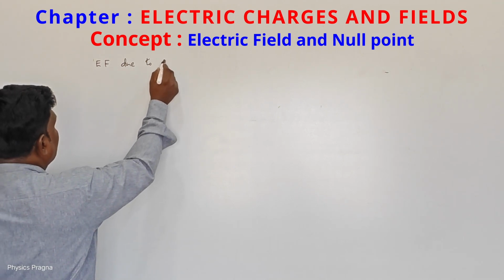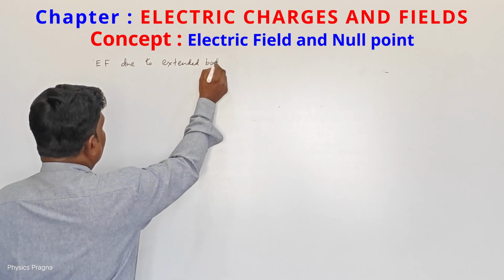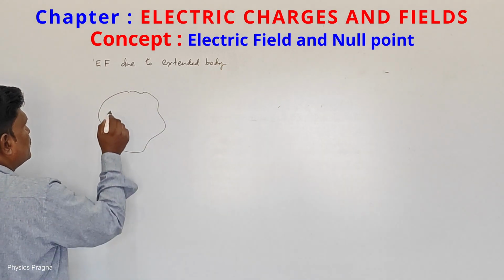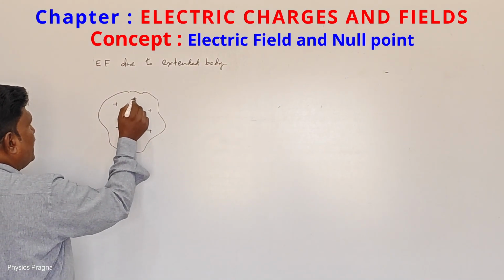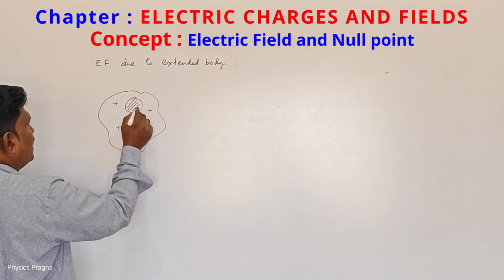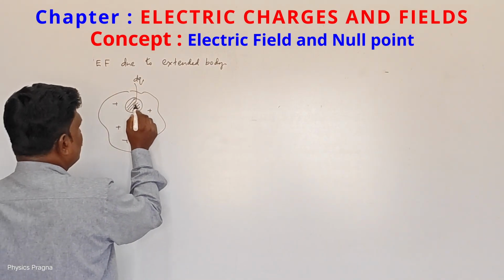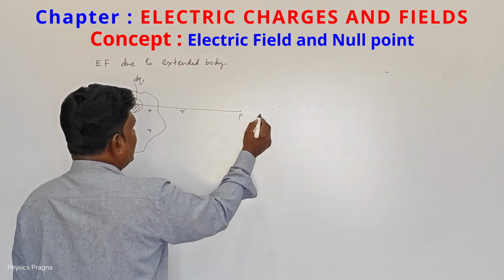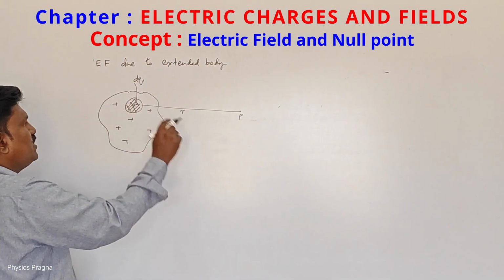Electric field due to an extended body. So we are having a big body here. So many charges are there on it. So I have taken a small area. There a small charge is there. From that, at r distance, point P, the electric field. See, the electric field is because of the small charge.